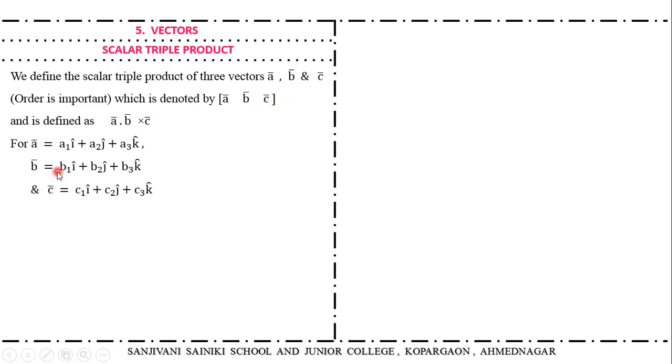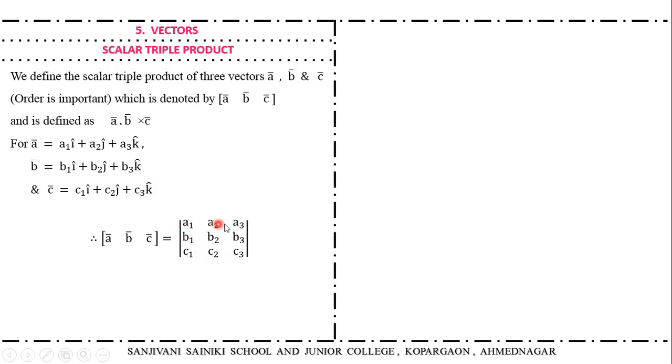Let us study how to find the value of this scalar triple product if we know the vectors. If a bar is a1i plus a2j plus a3k, b bar is b1i plus b2j plus b3k, and c bar is c1i plus c2j plus c3k, be three given vectors, then the scalar triple product of a bar, b bar, c bar is defined as the determinant of a1, a2, a3, b1, b2, b3 and c1, c2, c3.